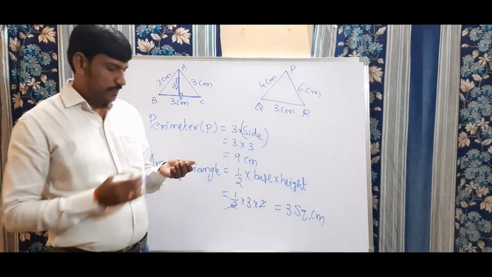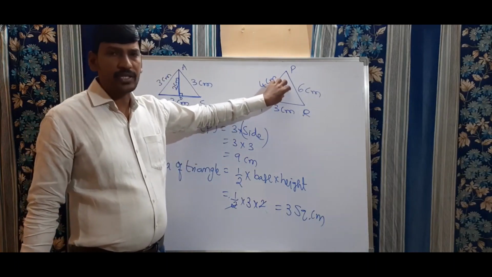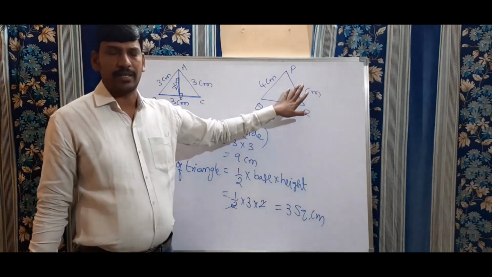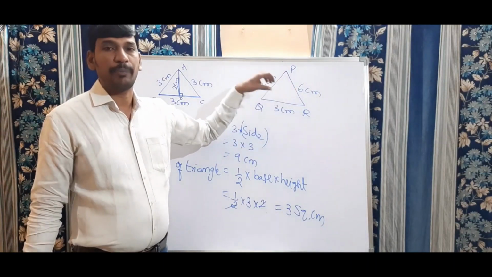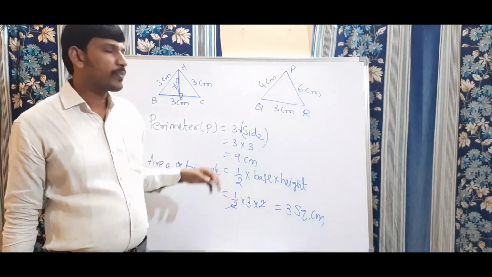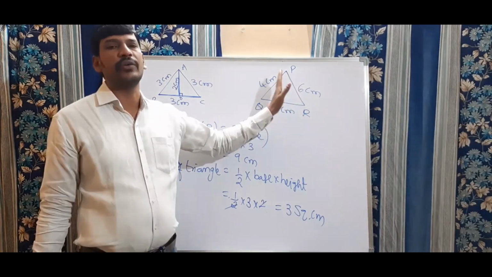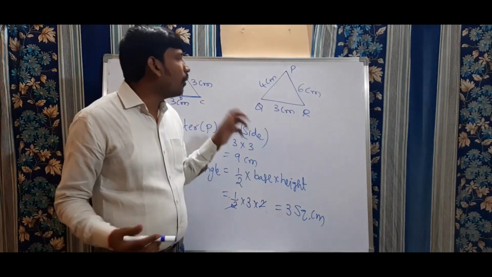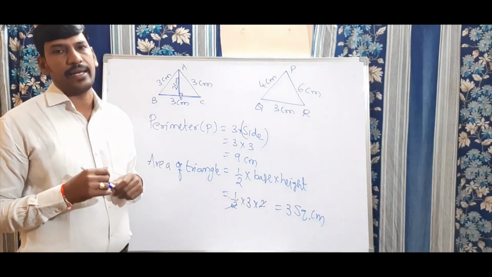Now see this here, how to find the area of this triangle? Perimeter, by adding all the sides you will get the answer. Coming to area, how to find the area of this triangle? Because here they did not give the height. Suppose sides are given, how to find the area of the triangle?